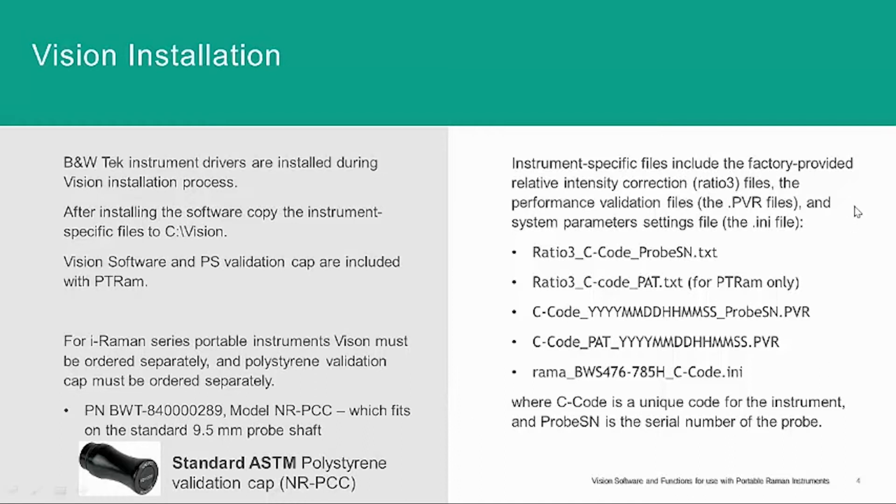These include, for a PT-RAM instrument, 2 ratio 3 files, which are the relative intensity correction files that are specific to the instrument, where the C code is the identifier of the instrument and the probe serial number is included as well. Also, the performance verification files should be copied to the C Vision folder, as well as a Raman initiation file.